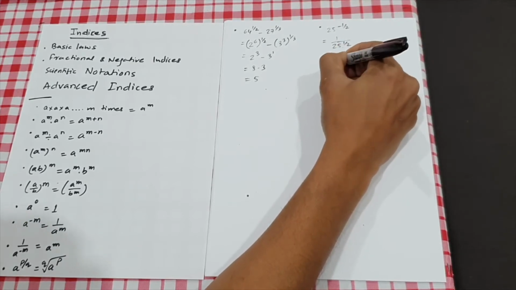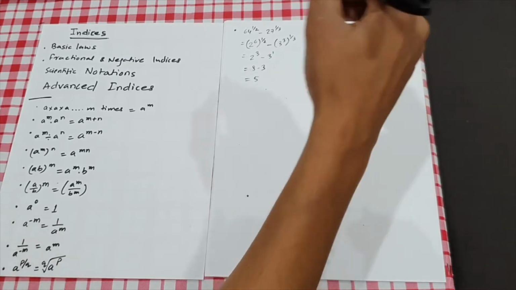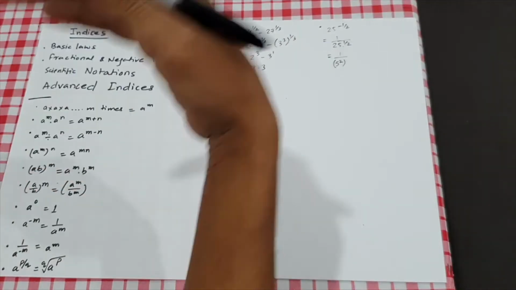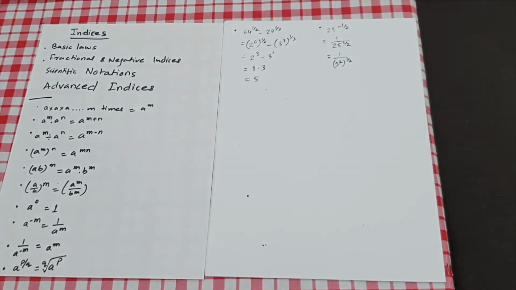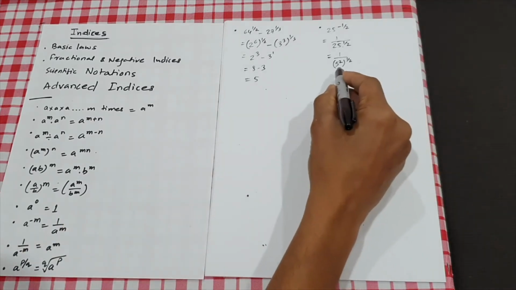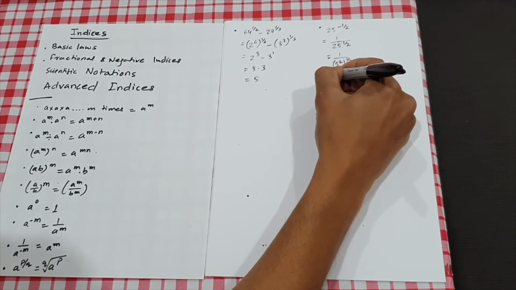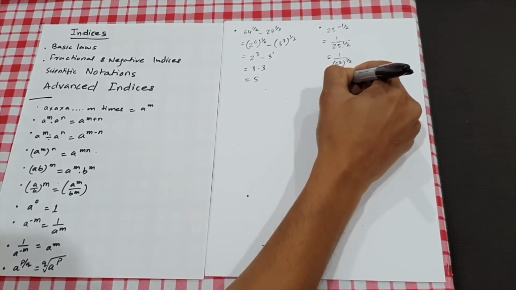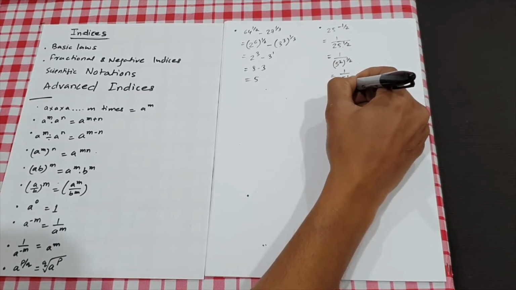So 25 is 5 to the power 2, because 5 times 5 is 25, so I can write this as 5 squared, and then you have half there. Remember this rule? Very important. We can use that. 2 and half gets multiplied with each other, so you get 5 to the power 1. So essentially your answer is 1/5.